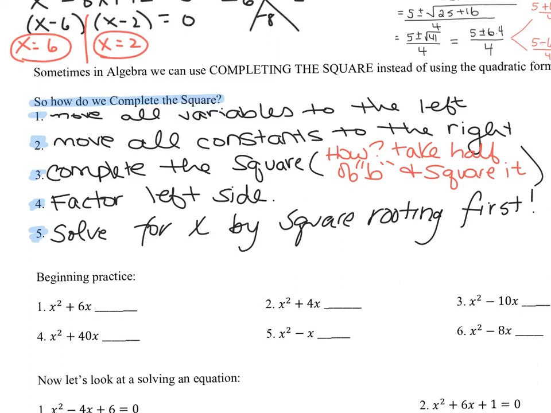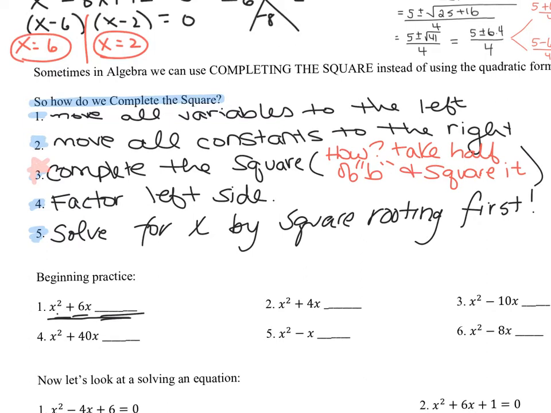Before we actually start doing all of these steps, step 3 is actually the hardest, because if you don't understand what it means to complete the square, then you're not going to be able to even do step 3. So we're going to practice by completing the square. These problems down here are practice. If you notice, I have 2 of my terms, but I don't have my third term.